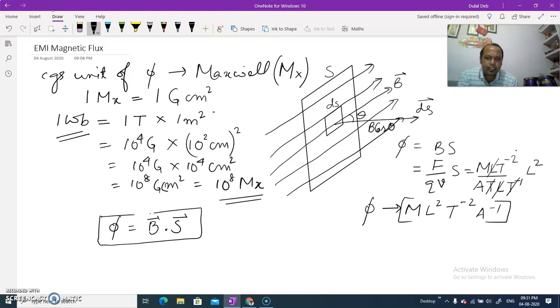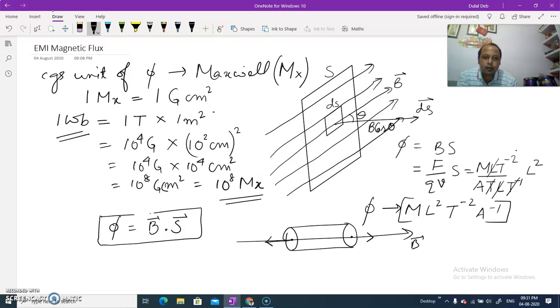Okay, one more thing quickly let me discuss here. Suppose a surface is there, and this is the direction of the applied magnetic field. Now the area vector for this base is in this direction, but for this one, the area vector is always outward to the body.